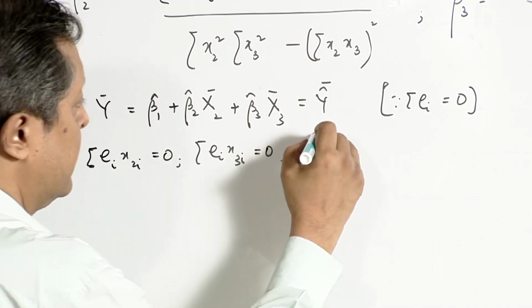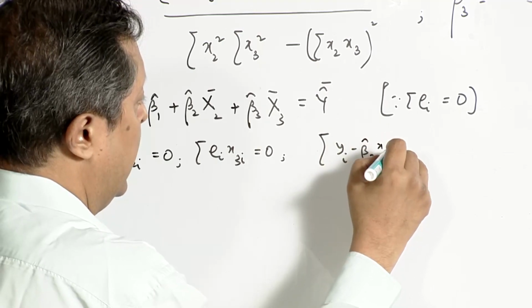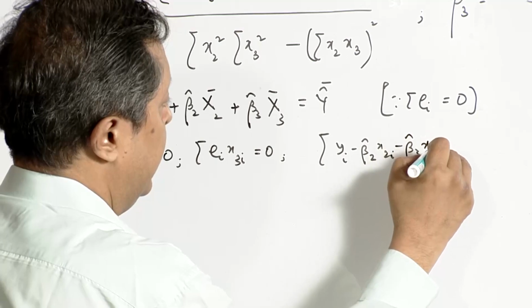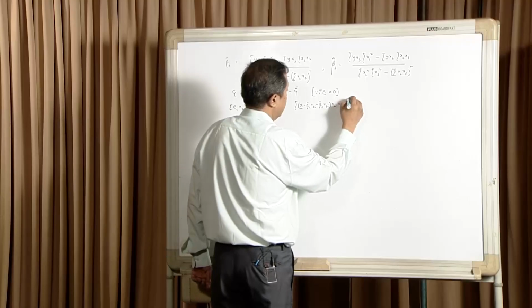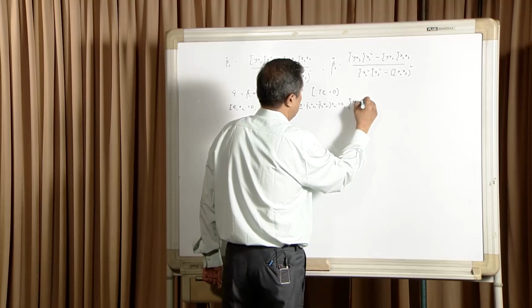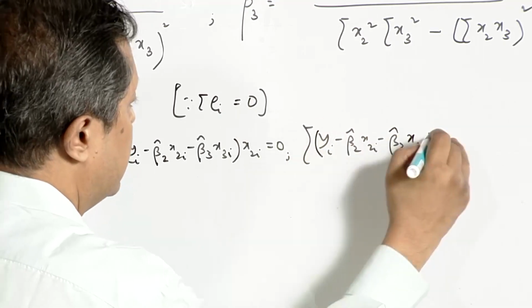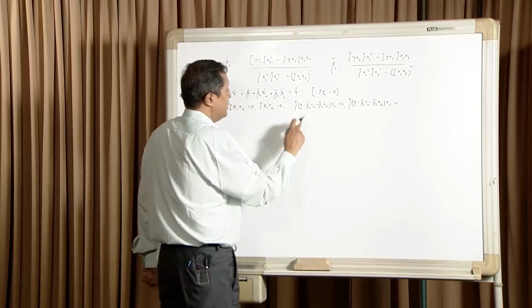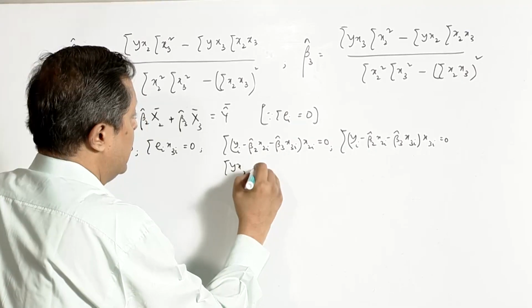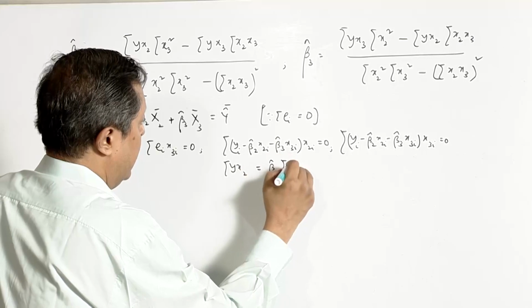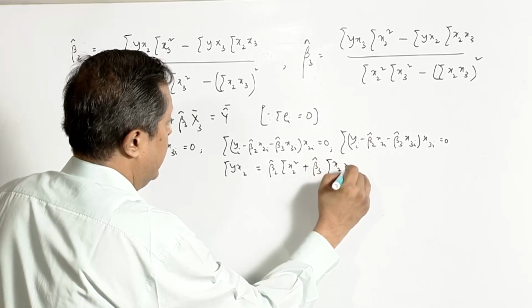And we had written these as yi minus beta 2 hat x2i minus beta 3 hat x3i times x2i is equal to 0, and yi minus beta 2 hat x2i minus beta 3 hat x3i times x3i equal to 0, which means summation yx2 is equal to beta 2 hat summation x2 square plus beta 3 hat summation x2 x3.